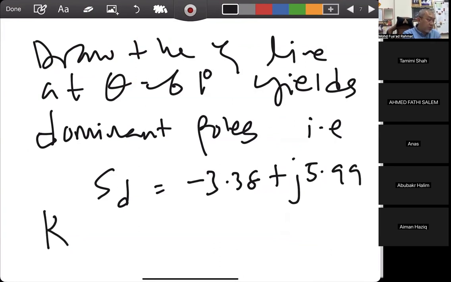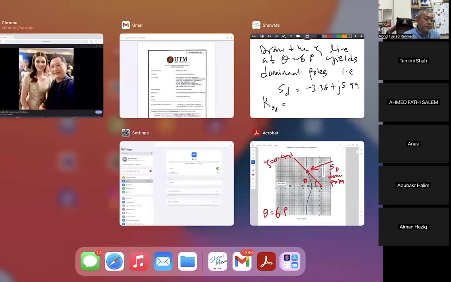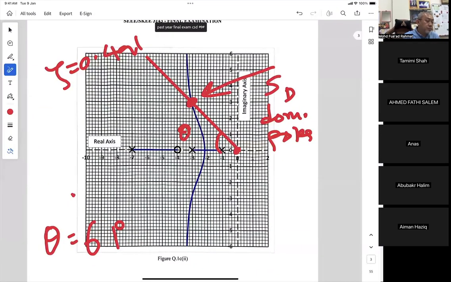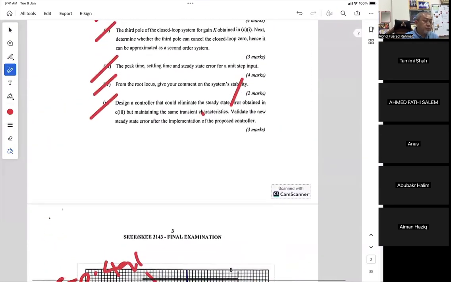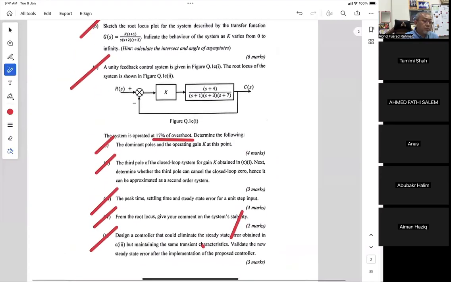And the value of the gain over there is how much? What is the gain over there?